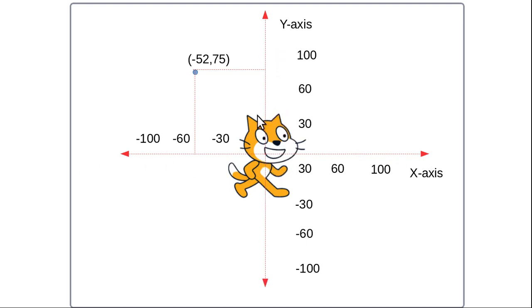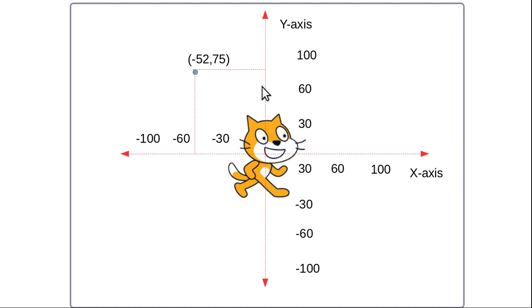So when the sprite is at the center position, it's called 0 and 0, x is 0, y is 0. But as you move this sprite in the forward direction, this x value will keep incrementing, like 30, 60, 100, 120, 200, 300.